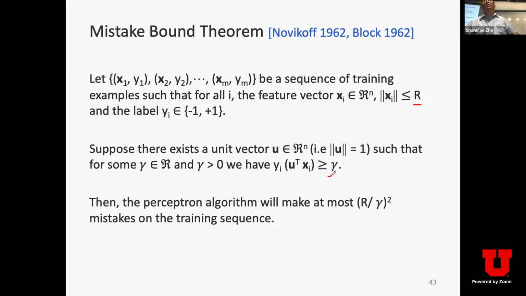We'll talk about what gamma exactly means. The conclusion is that the perceptron algorithm will make a finite number of mistakes, and then it can correctly predict every training example and stop. And we can give an upper bound of these mistakes or updates the perceptron algorithm can make, which is R over gamma squared.